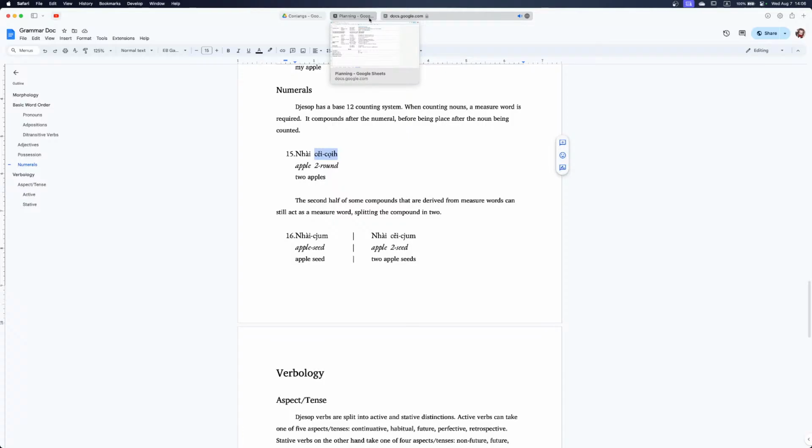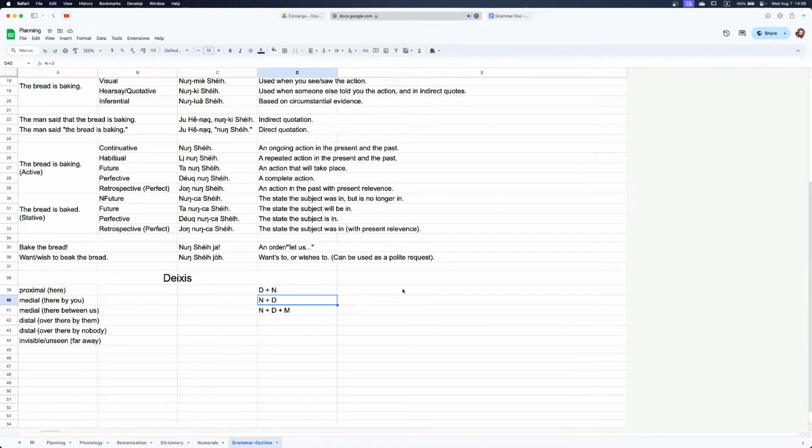I'm actually thinking the way I'm going to do this is have the determiner come first and then have the measure word come after if the noun is monosyllabic.